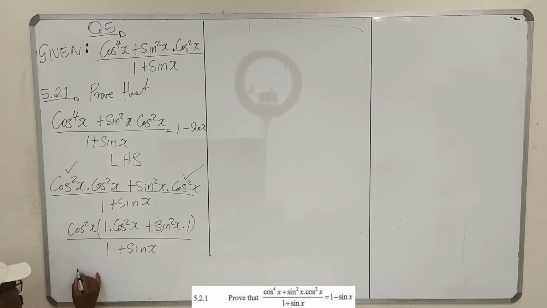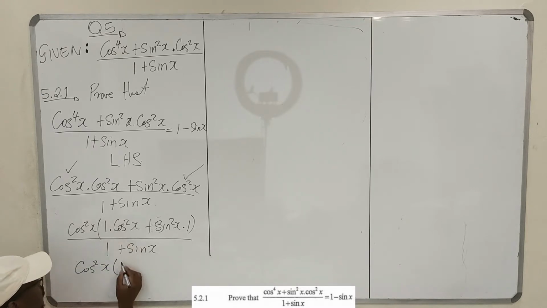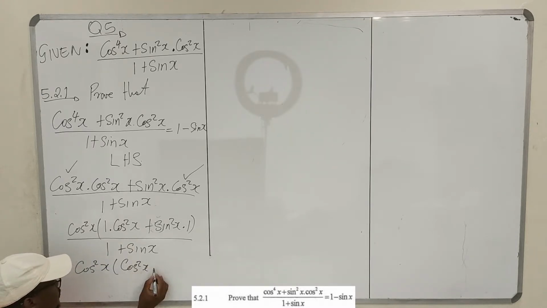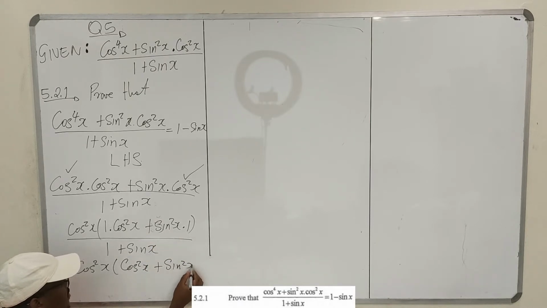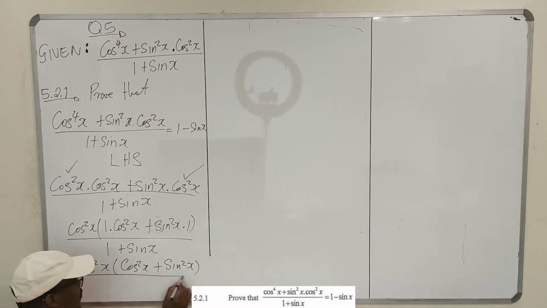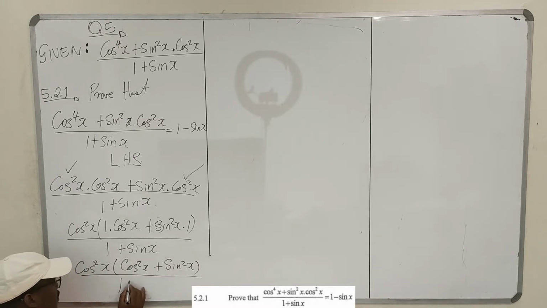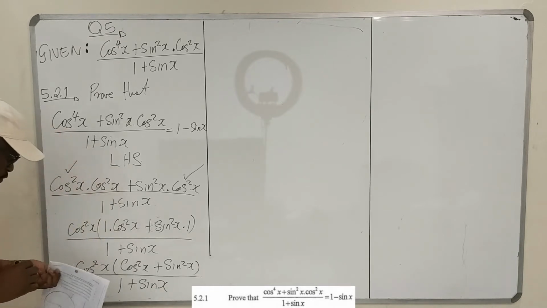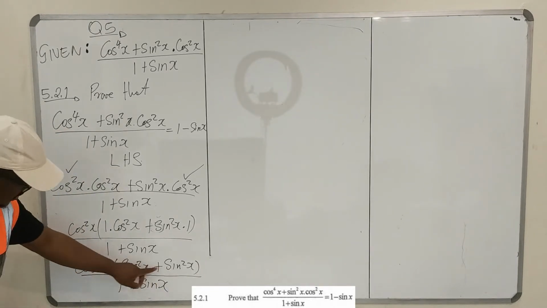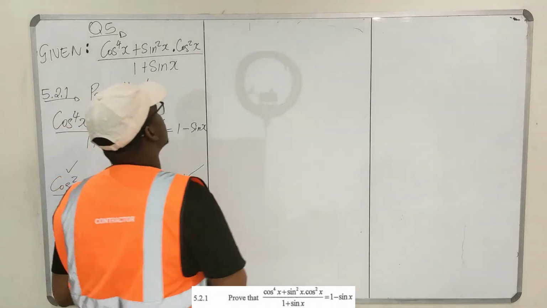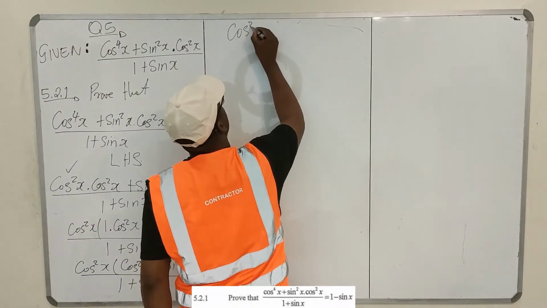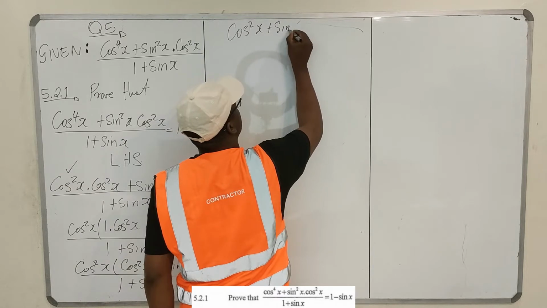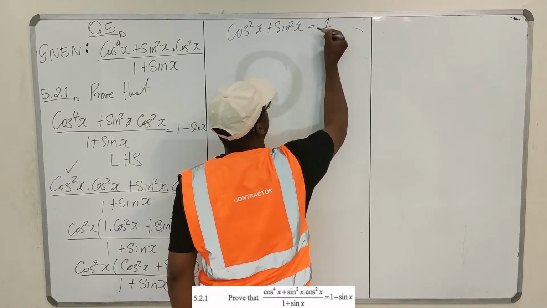So let's simplify. You have cos squared x, 1 times cos squared x is cos squared x, and sine squared x times 1 is sine squared x, all divided by 1 plus sine x. This is what you have. You know this is an identity, because cos squared x plus sine squared x is equal to 1.